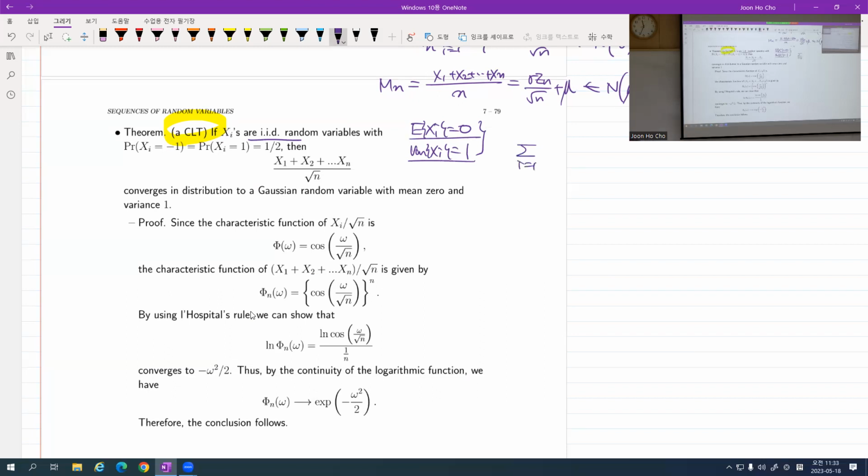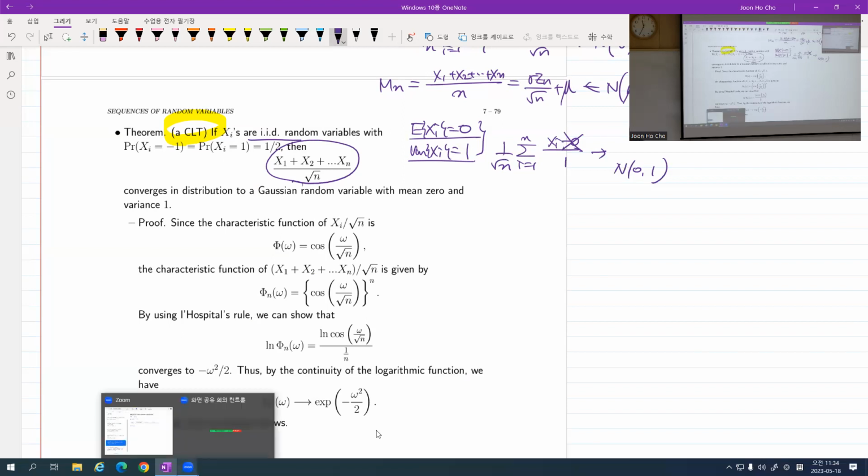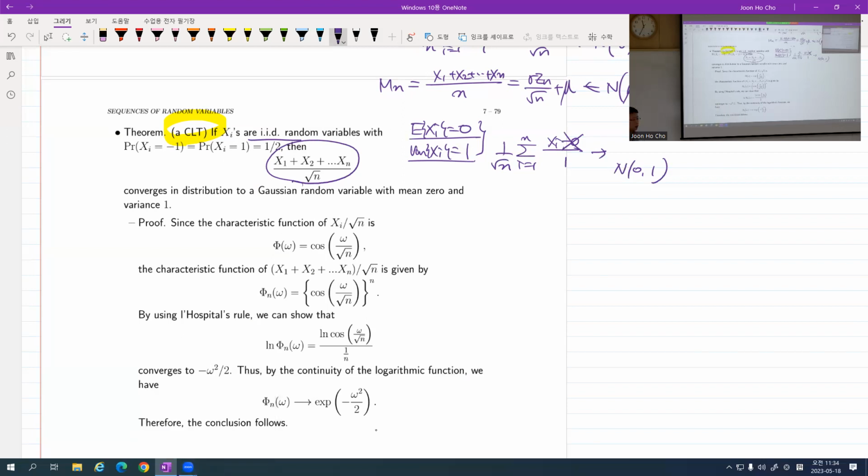You sum up the standardized version and divide by n, and it converges to some standard Gaussian. Right? But here 1 is 1, 0 is 0. So what do you have? This converges in distribution to a standard Gaussian.